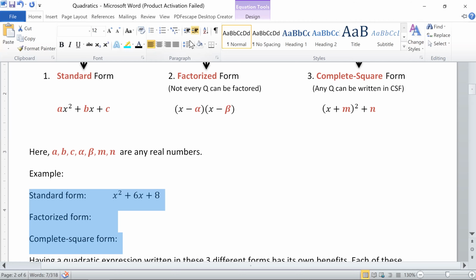Now I'm doing things here. I hope I'm not blocking your view of the note.